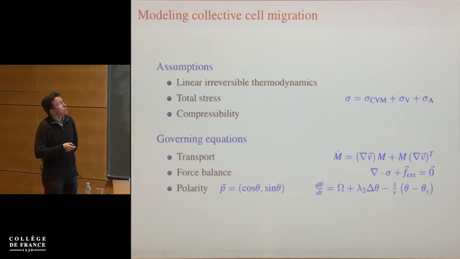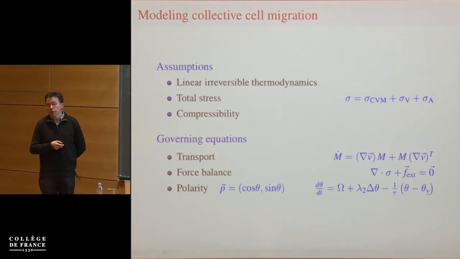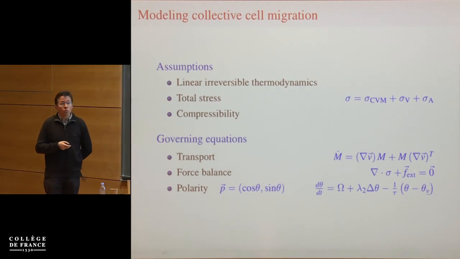More recently, we have been working on extending this model to the case of collective cell migration. And what is missing in the previous description is, well, taking into account the polarity field of migrating cells. Indeed, each migrating cell has a front and a rear and defines a local polarity.